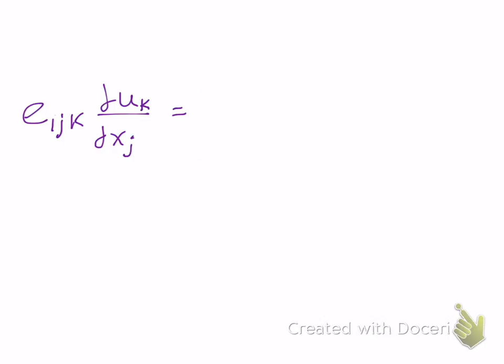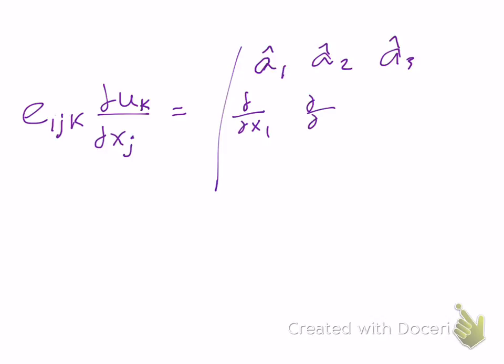This is the cross product where you have some basis vectors A1, A2, A3, your next vector d by dx1, d by dx2, d by dx3, and u1, u2, u3.